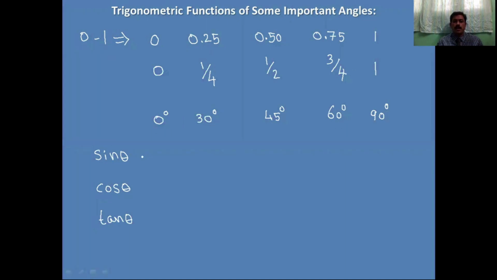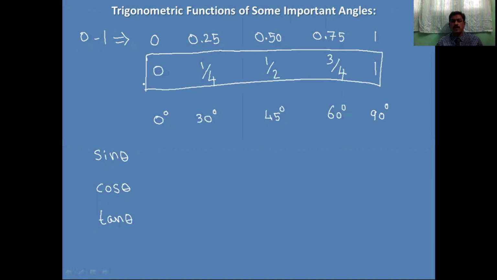To remember the sine theta of 0 degree, we have to take the root of the values we have written. If you take the root of 0, you can write 0 only. Here, if you take the square root of 1 by 4, we know root 4 is 2, so we will have the value 1 by 2.